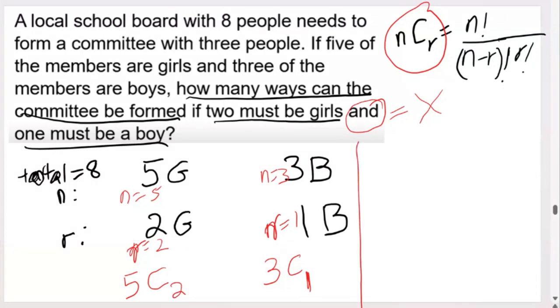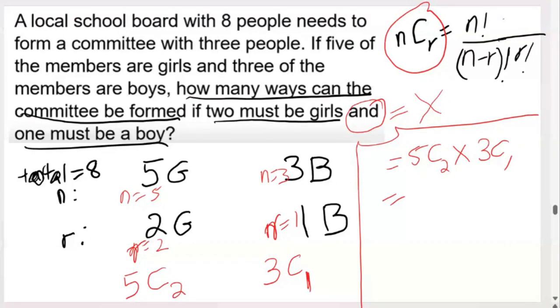So it means you are going to have your answer there. You are looking for the number of ways is equal to 5c2 because it's and, because you've got 2 variables. You're going to multiply by 3c1. So the formula here, you are going to be applying this formula.